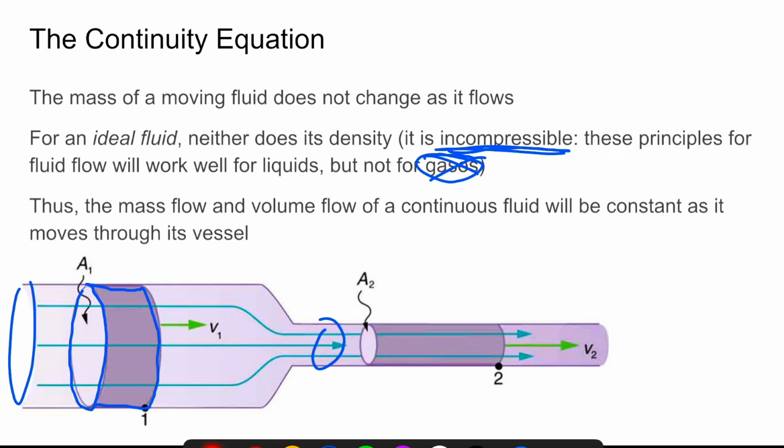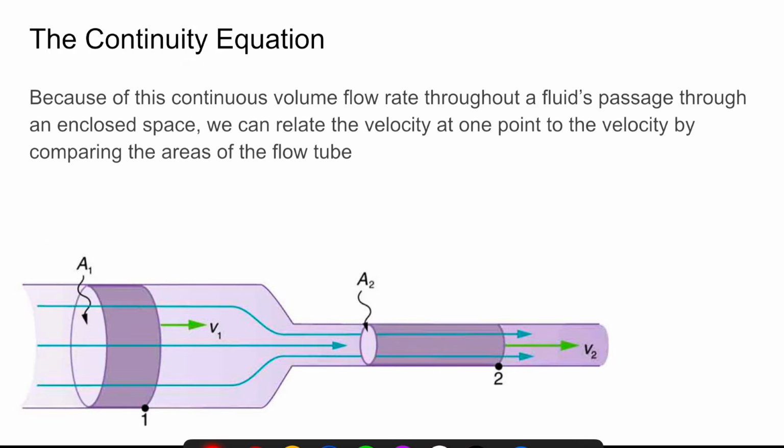But the mass flow and the volume flow of a continuous fluid will be constant if we have an ideal fluid or something that behaves close enough to an ideal fluid. It'll be constant as it moves through its whole vessel. So no matter what's happening with the cross-sectional area of that vessel, like going from this large cross-sectional area to this smaller one, that mass flow and that volume flow rate will be the same.